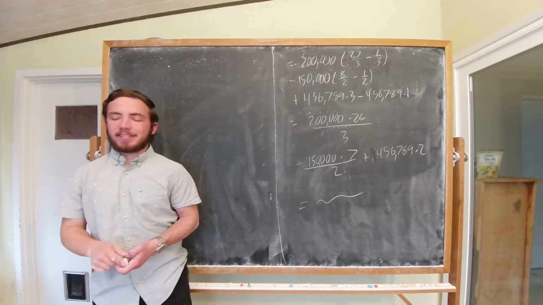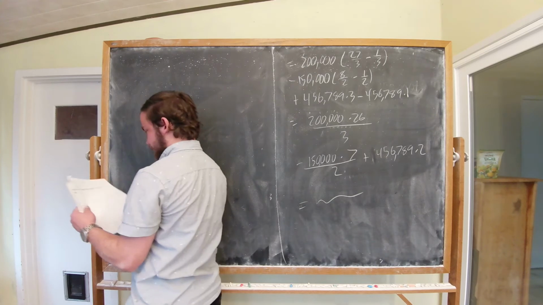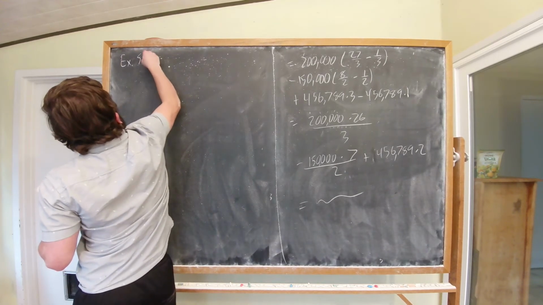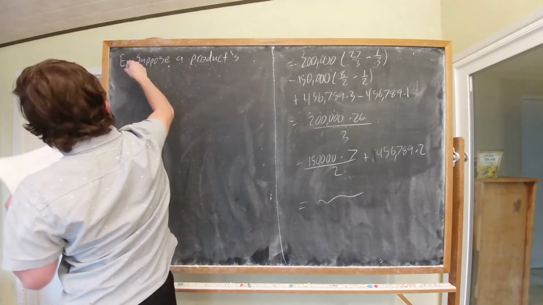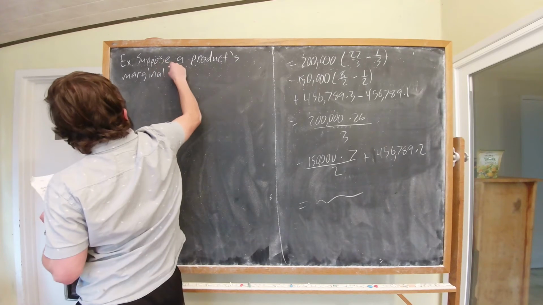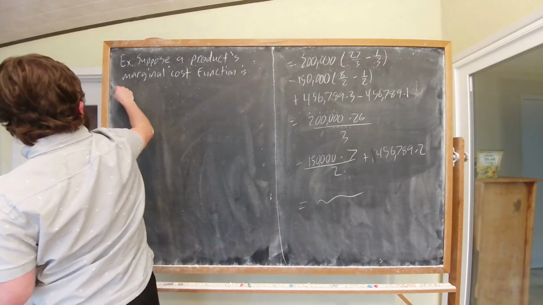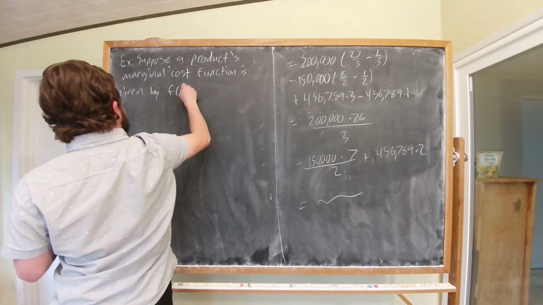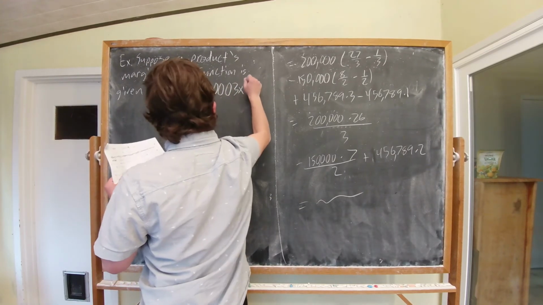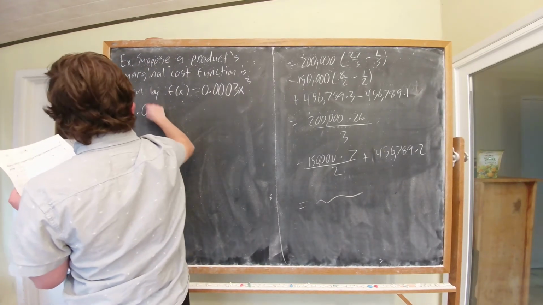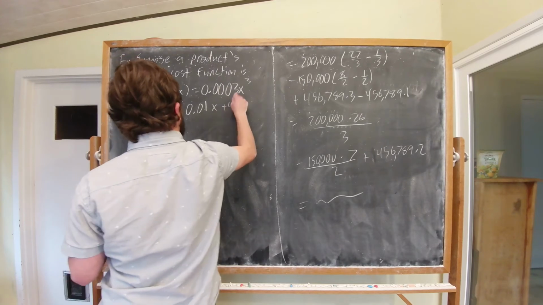Okay, let's do another example. Suppose a product's marginal cost function is given by f of x equal to 0.0003 x cubed minus 0.004 x squared plus 0.01 x plus 4.